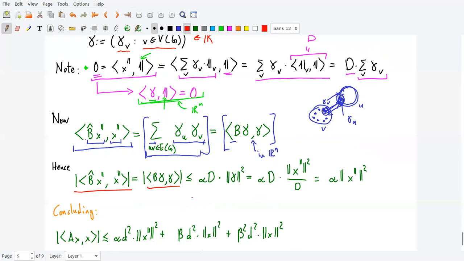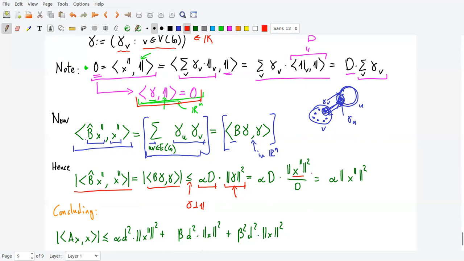So now what we know is that gamma is orthogonal to all ones. This is this equality here. So I can now use the spectral properties of the graph G in question to say that this is upper bounded by alpha times D times the norm of gamma squared. This is just the assumption about the spectrum of G. So now, what is the relation of the square of the norm of gamma with respect to the square of the norm of X parallel?